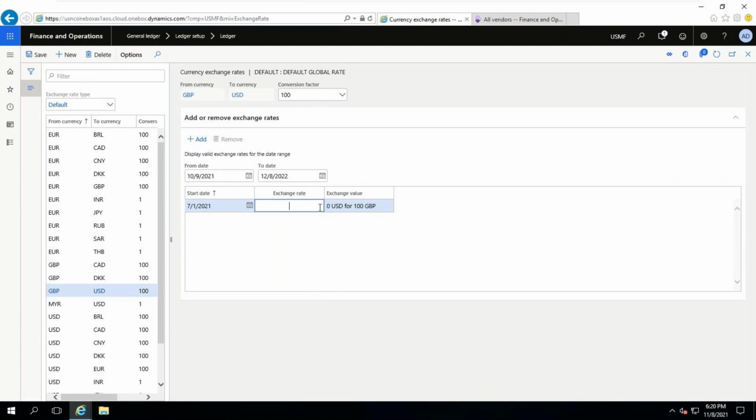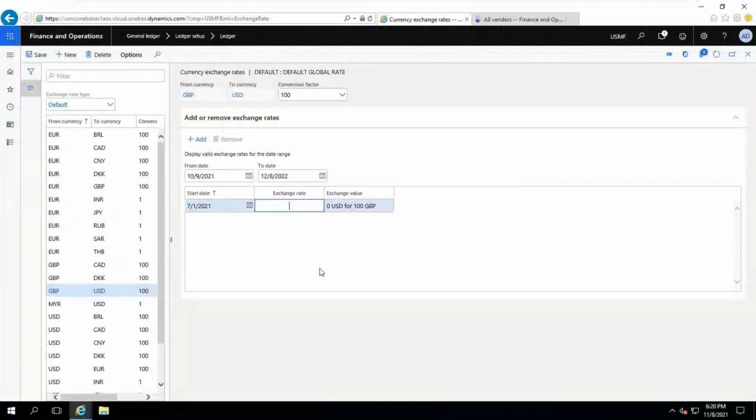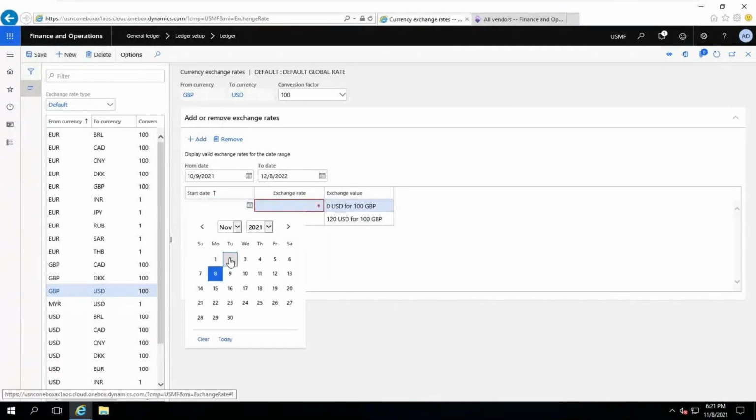See, you can enter. I will tell you, 1 second. Now, 1st January, it is 1.2. Now, if you want, you can enter every day. What is the problem? You can enter exchange rates.